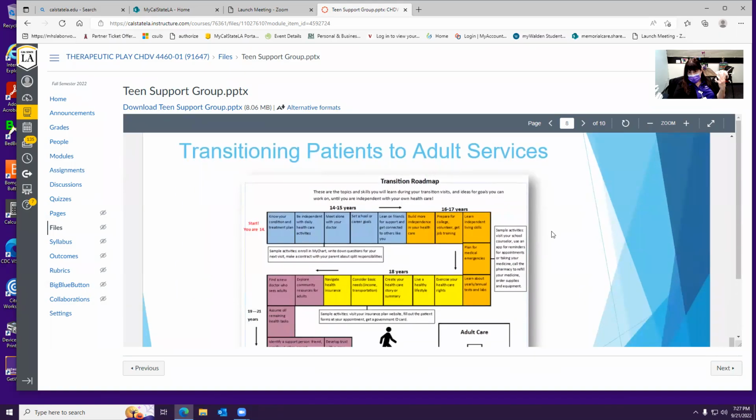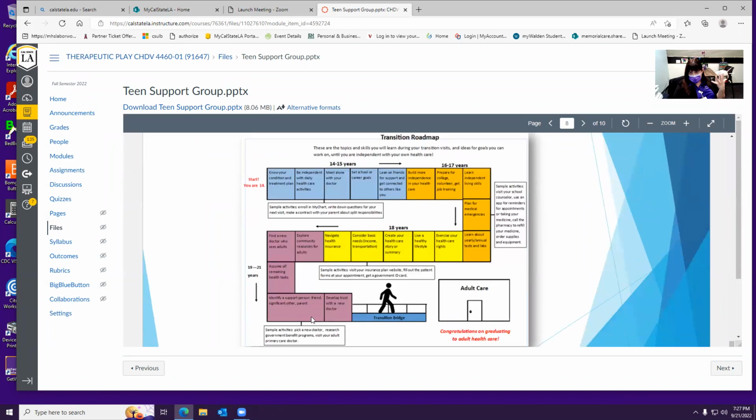And then this is kind of a transitioning of services and what we do, and it's kind of color coded, and it looks more like a Candyland game or Chutes and Ladders game. And this is how we help nurture our young adolescents and our young adults into the adult care program, because they have to at some point transfer out of pediatrics into adult care and make all of those decisions on their own.